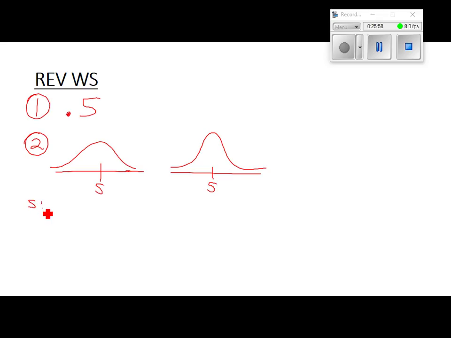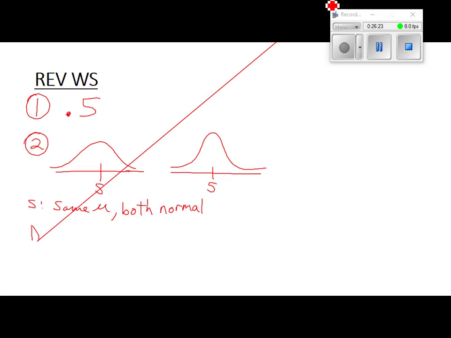Similarities. What's similar about these? We just said it. Same mean. Give me something else. Both what? Both normal. Both normal curves. Give me some differences.